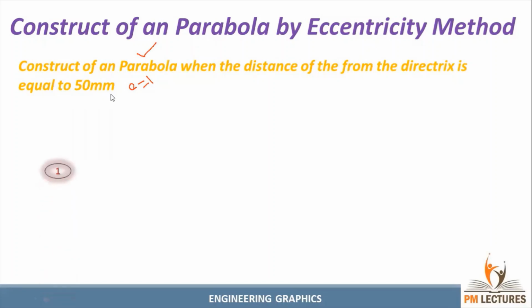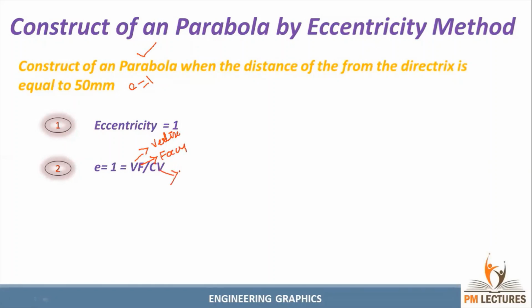After identification of the parabola problem, there is no ratio for the e value because e is equal to 1. We know that. What is meant by e? e is equal to VF divided by CV. V is the vertex, F is the focus, and C is the midpoint on the directrix.